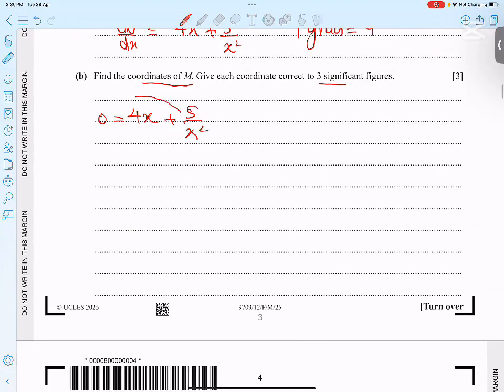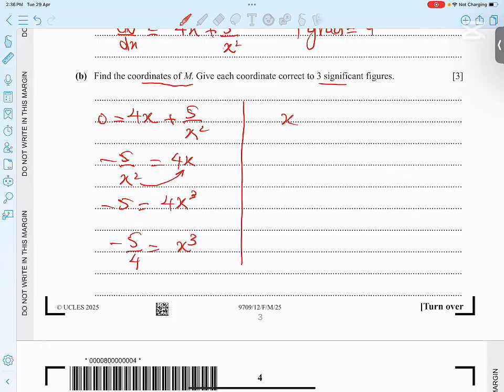I'll bring this whole part here, or I can bring it to the other side, no problem at all. Minus 5 over x squared equals 4x. It multiplies there, minus 5 equals 4x to the power 3. 4 will divide, I'll get this. And now take the cube root.